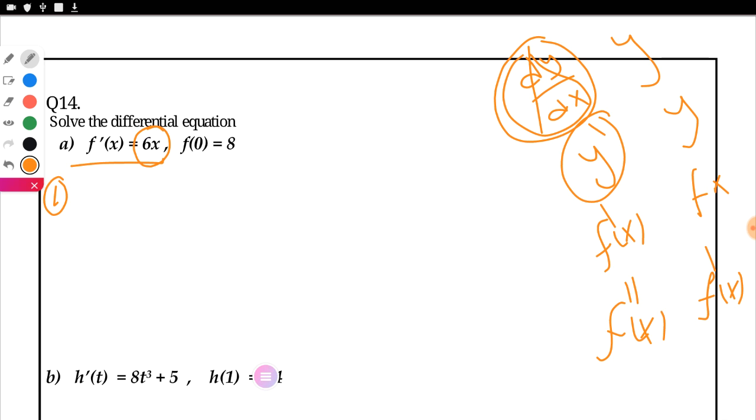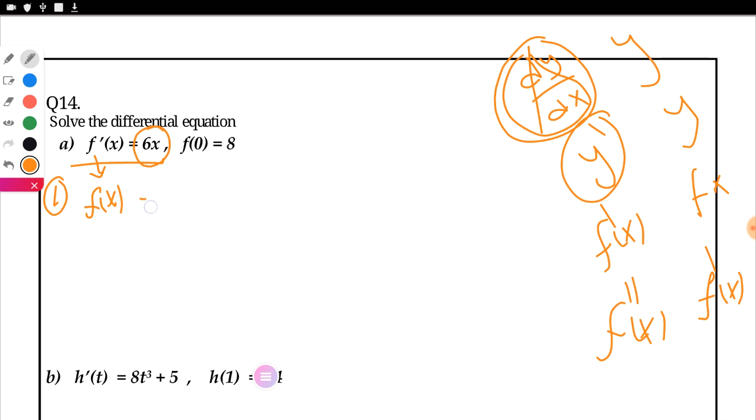The antiderivative of any given function gives you the function whose derivative gives you this one. What is the antiderivative of f prime? It means the original function, the function whose derivative f prime is f x.